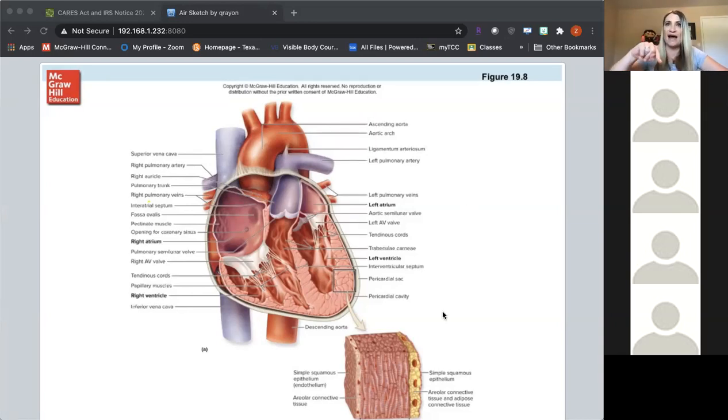This will create a backup in the left atrium, that will create a backup in your left pulmonary veins, and that will eventually create a backup in the pulmonary capillaries. Well, this backup of blood causes excess of pressure. There's increased pressure in there.